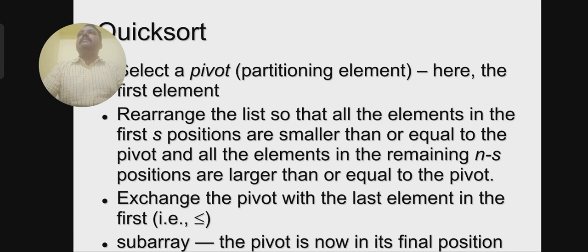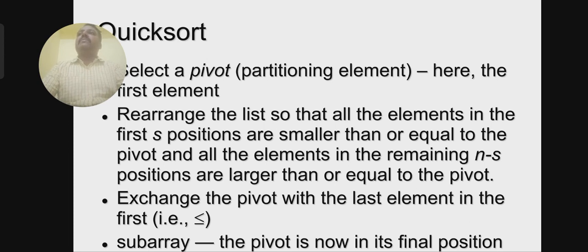Then rearrange the list so that all the elements in the first s positions are smaller than or equal to the pivot element, and all the elements in the remaining n minus s positions are larger than or equal to the pivot element, so that it is easy to compare and interchange or swap the elements.